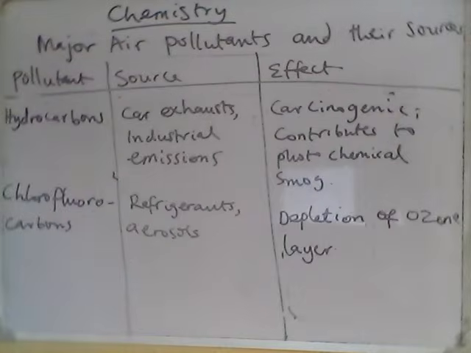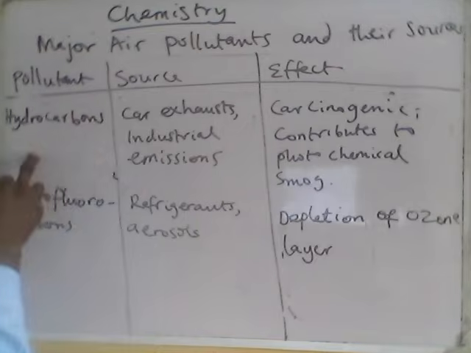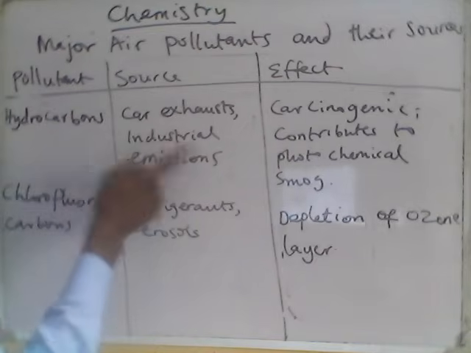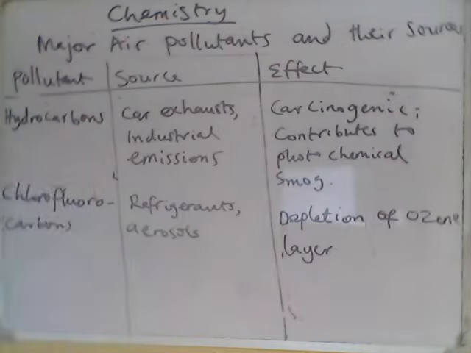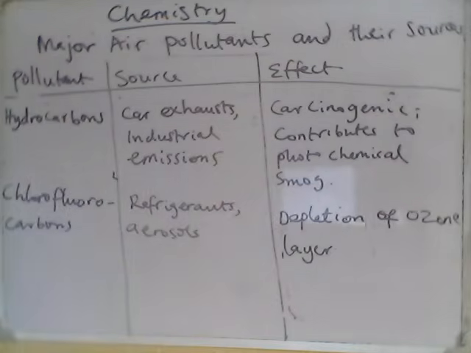Okay, so continuing, we have another pollutant here, hydrocarbons. Hydrocarbons are compounds of carbon and hydrogen mixture. The source is basically car exhausts and industrial emissions. So they are carcinogenic and contribute to petrochemical smog.